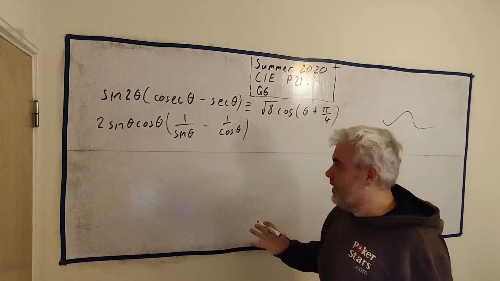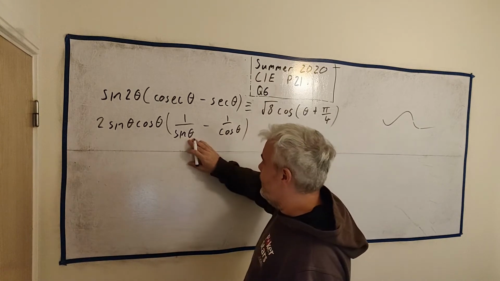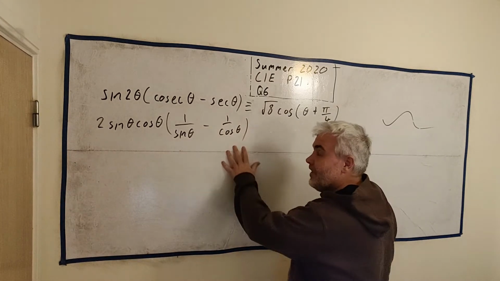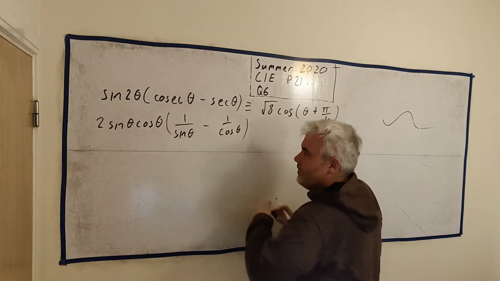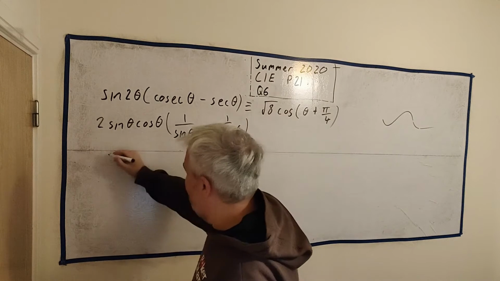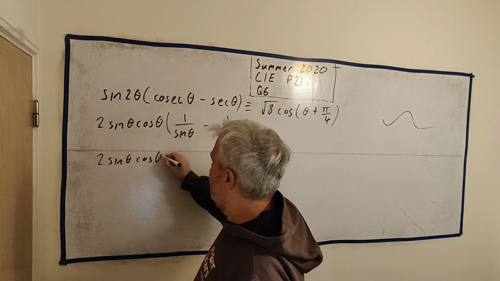Let's try and mash this together a little bit. Inside the bracket, if we add these two fractions, cross multiply. Let me write it all out. 2 sine theta cosine theta.